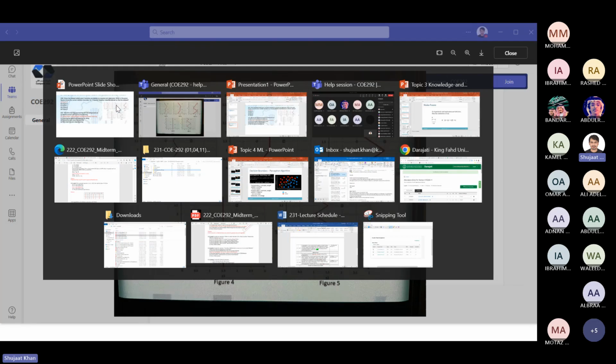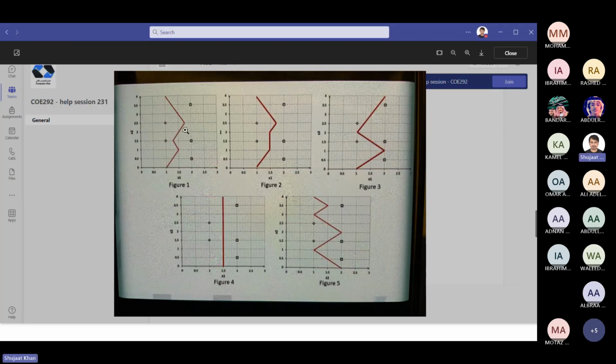So here what you do is you find the midpoint between two neighboring points.